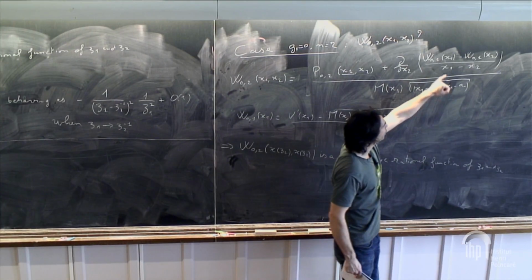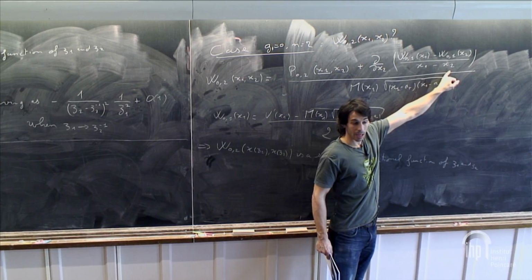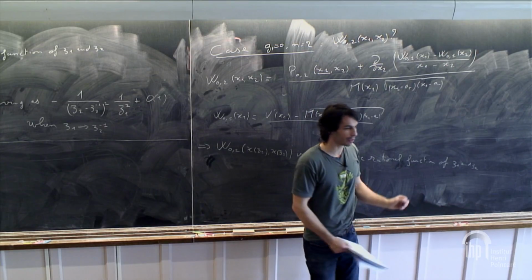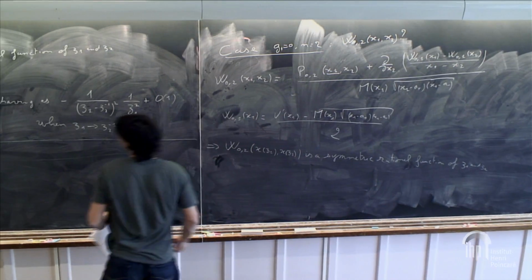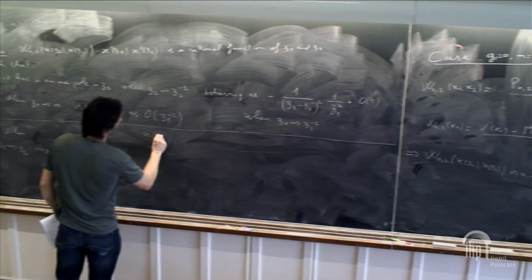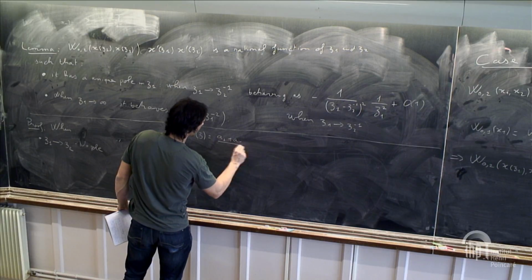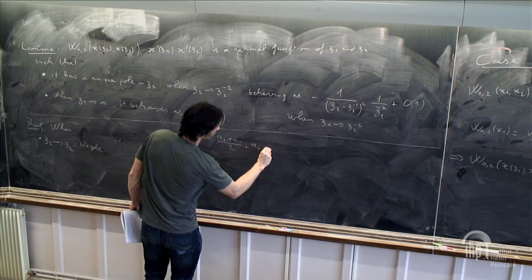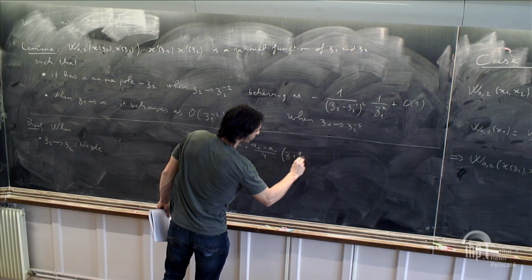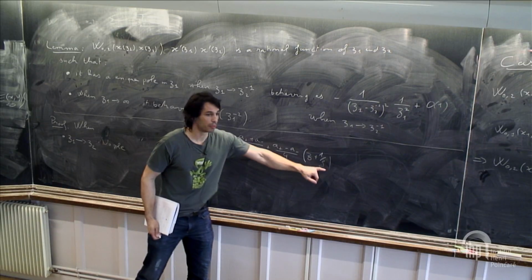Now, you can have that x of z1 goes to x of z2 as well when z1 goes to z2 to the power minus 1. Because remember that x of z is (a plus a minus)/2 plus ((a plus minus a minus)/4)(z plus 1 over z), which is symmetric under the involution z goes to 1 over z.